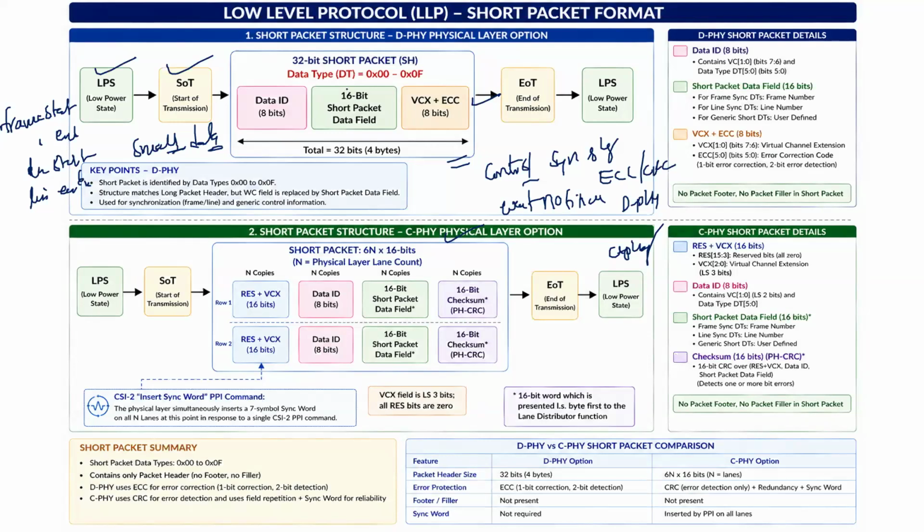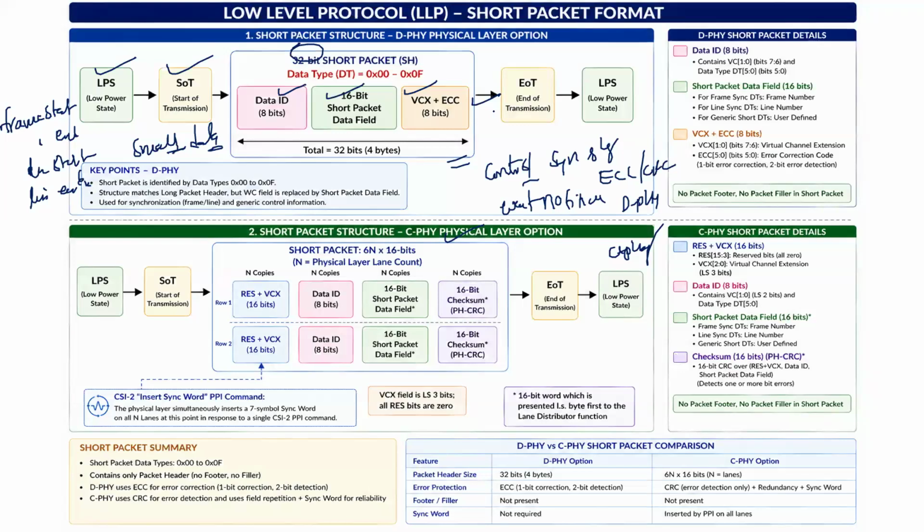In the short packet we have a 32-bit packet. In it there is the data identifier, then the short packet data, Data 0 and Data 1, followed by the virtual channel extension and ECC. The same thing I explained for the long packet format also.